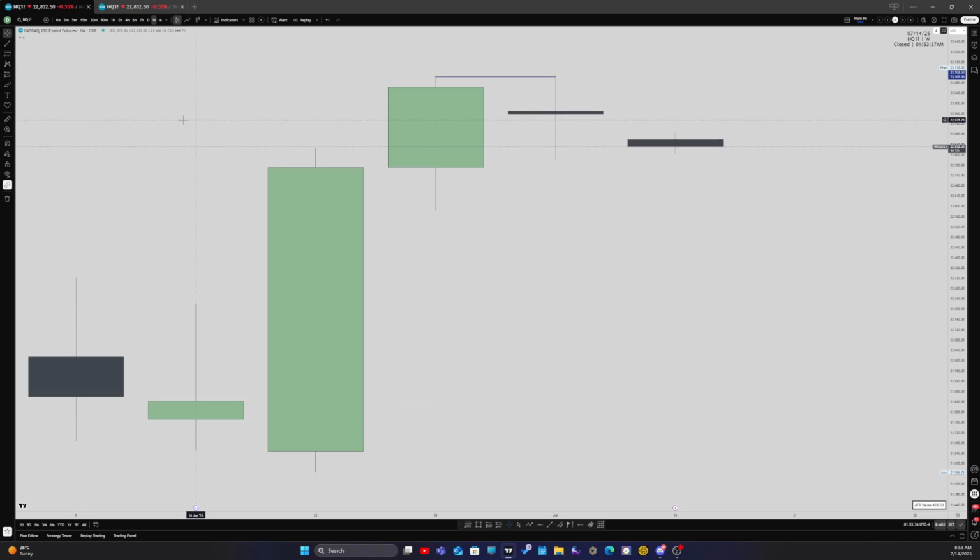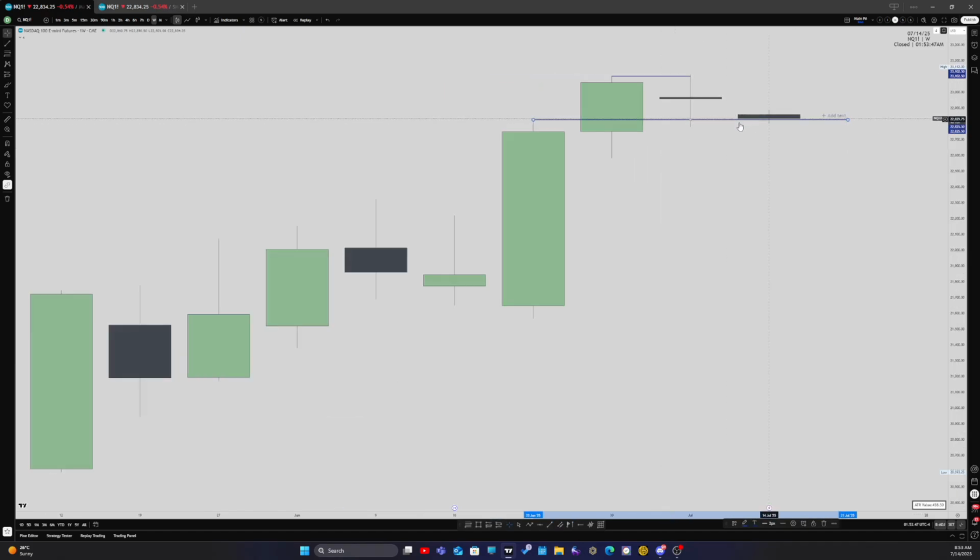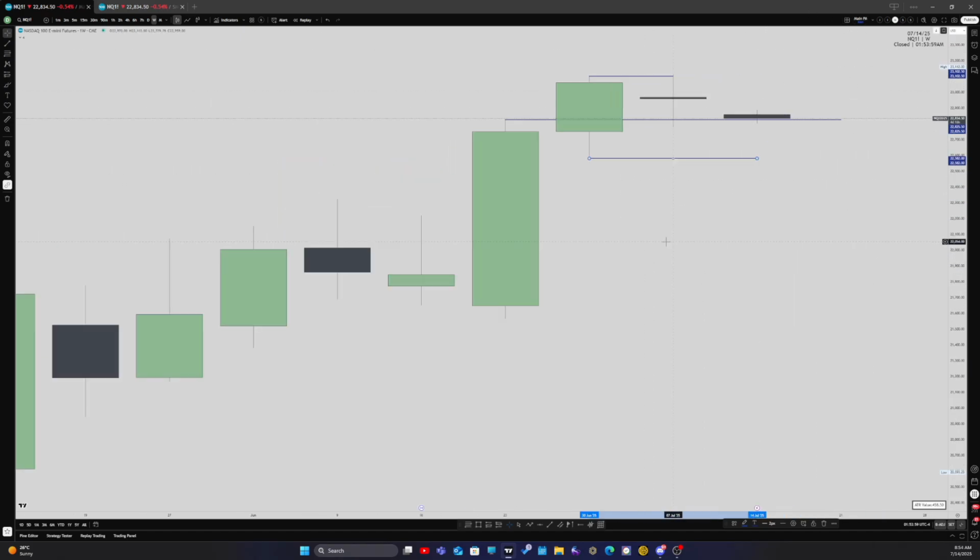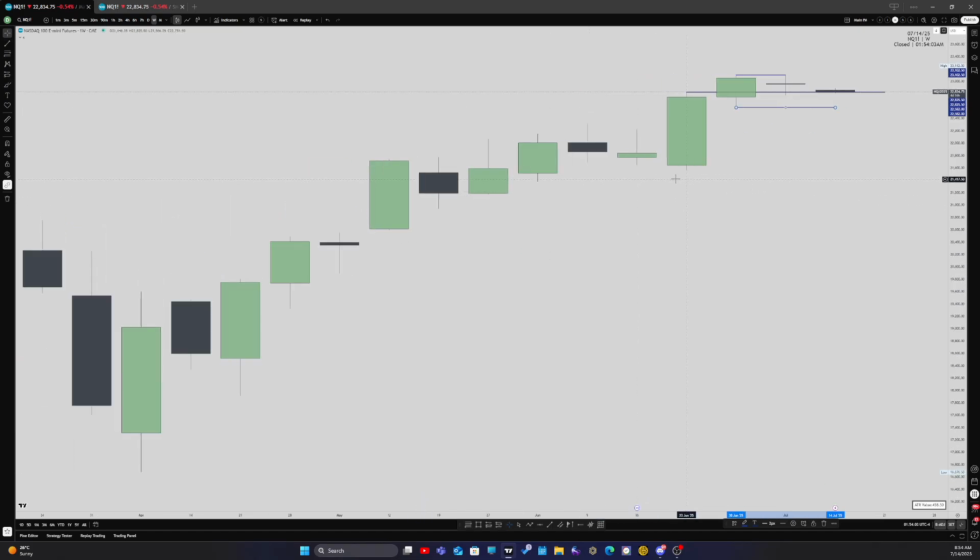Then we have this high here that's been traded through, and if this gets displaced on the 4-hour chart, then I'm looking for price to go into this low. Right, that's the outlook for the intraday price action.